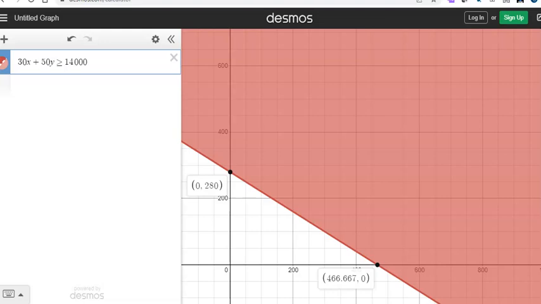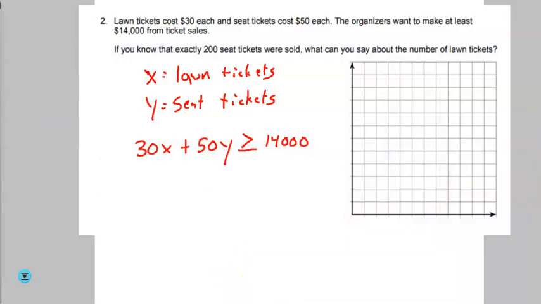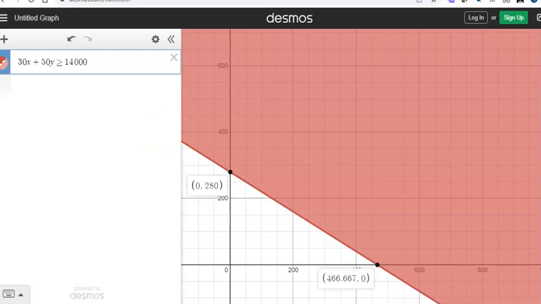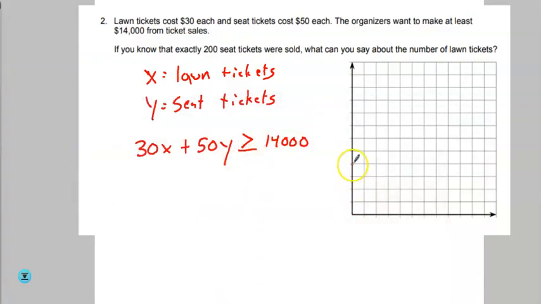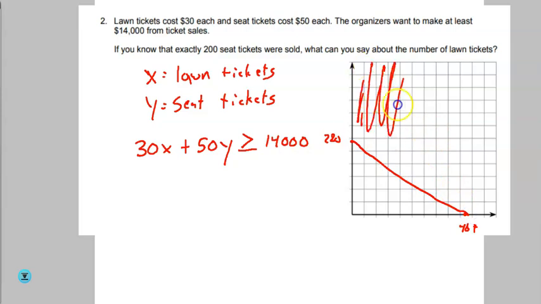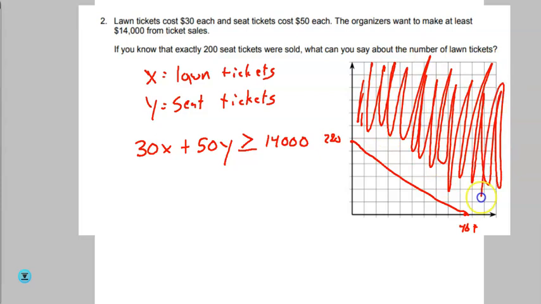So back, that's 280 and 466, so 280. So if that's 200, 250, 280, it'd be about there. The other was 1, 2, 3, 4, 5, 467, pretty much if you round. And this solid line, so they need to be in this region greater than to make at least $14,000.